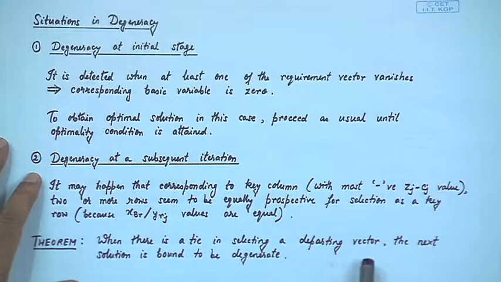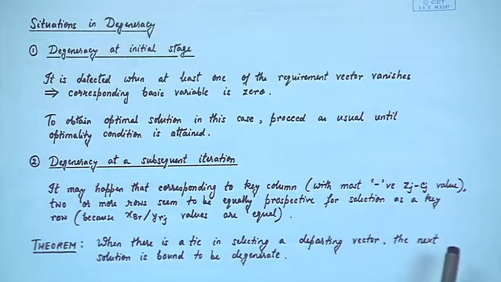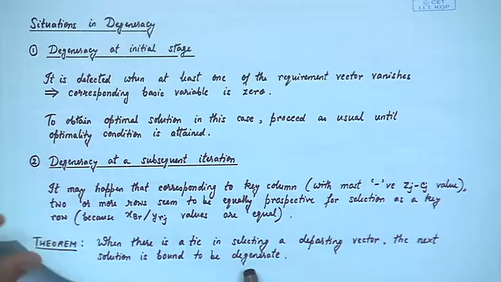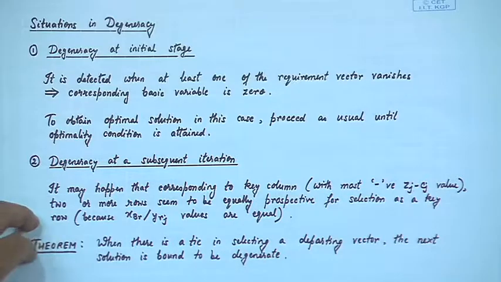There is a theorem with respect to this. When there is a tie in selecting a departing vector, the next solution is bound to be degenerate. Tie will occur whenever the values of the ratio are the same. So, whenever there is a tie in selecting a departing variable, then in the next iteration the solution will be degenerate. So, I have to find out a method by which I can remove this degeneracy, so that it does not occur.